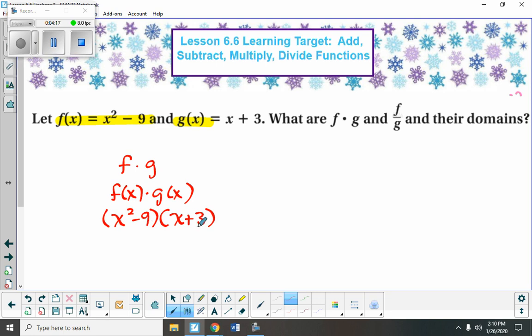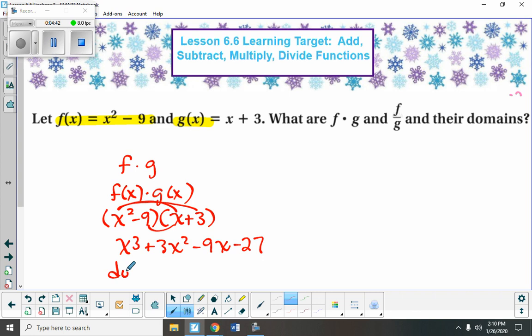And so we're going to use FOIL for that, or double distribute. So x squared times x is x cubed. x squared times 3 is 3x squared, minus 9x, minus 27. And there are no like terms to combine there, so that is our answer.